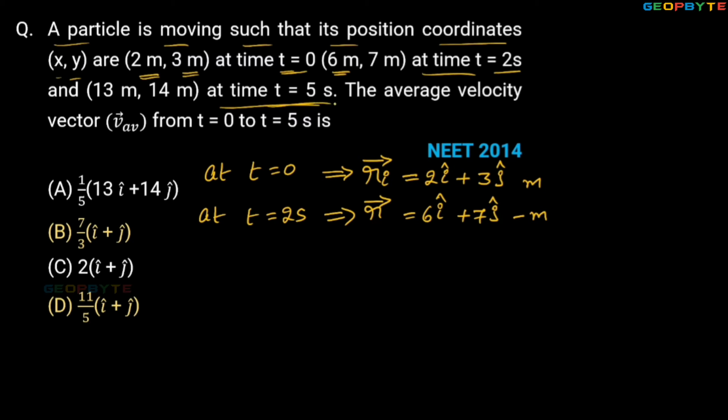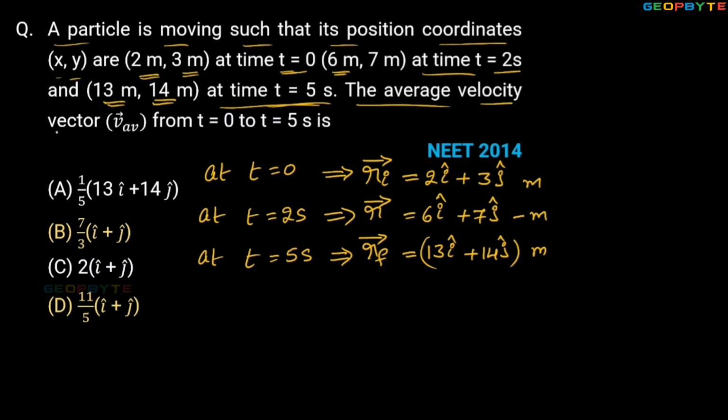And at t equal to 5 seconds, I can write the final position vector rf bar equal to 13 i cap plus 14 j cap. It is also in meters.